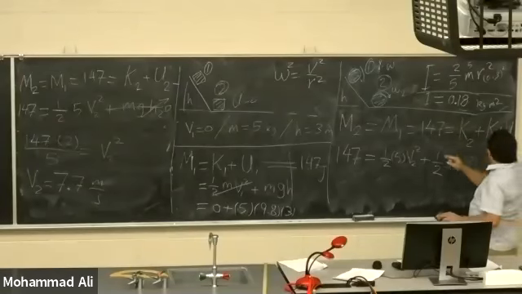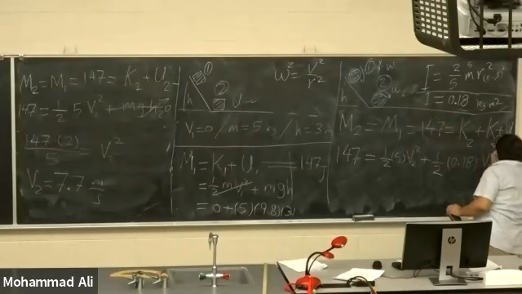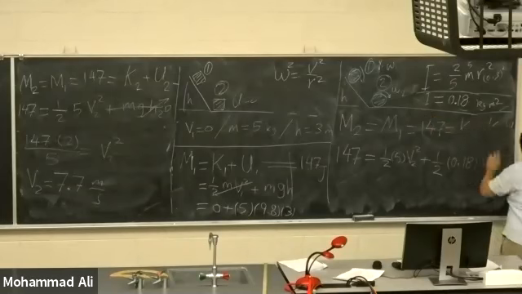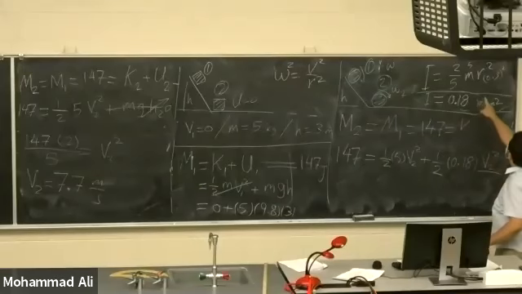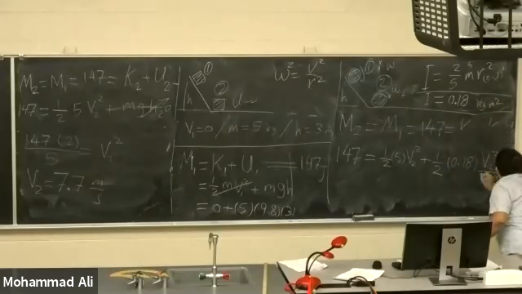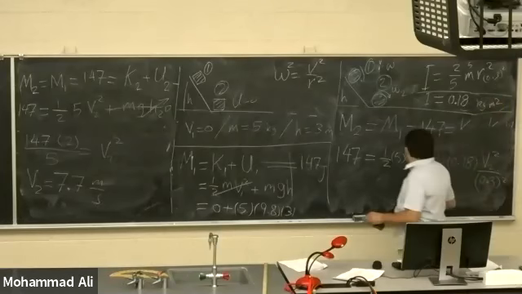And V2 squared over R squared, which is 0.3 squared. Now I have just one variable, which is V2 squared. Omega, I can find later. But now I need to solve my equation.